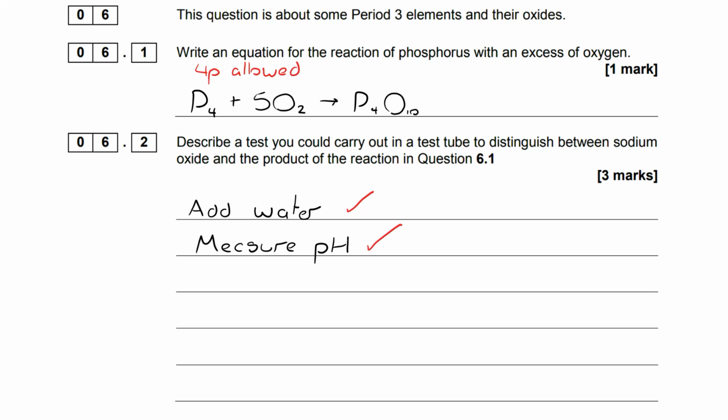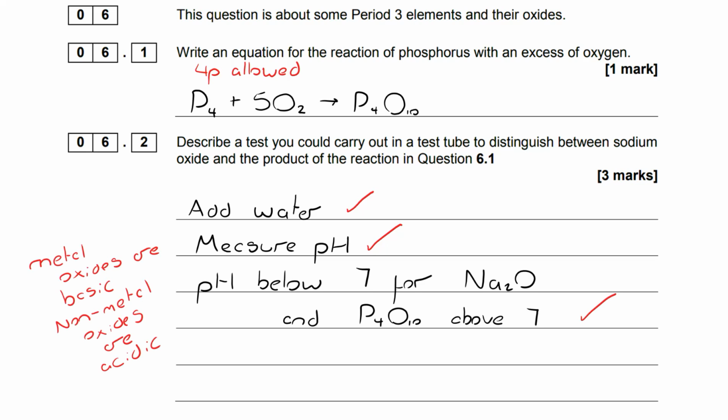You could talk about having a pH probe, you could talk about a specific indicator, and then you'll need to remember the correct colours for the named indicator that you've given. I'm going to work through on the basis of using a pH probe. Now, what you would find is that the pH will be above 7 for sodium oxide and it will be below 7 for the phosphorus oxide.